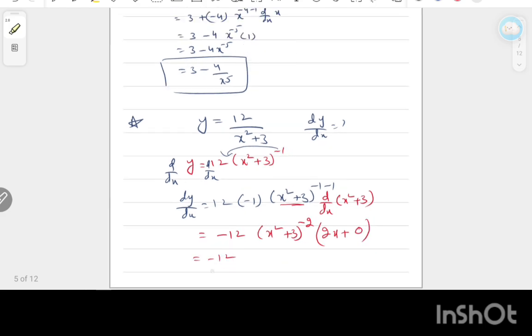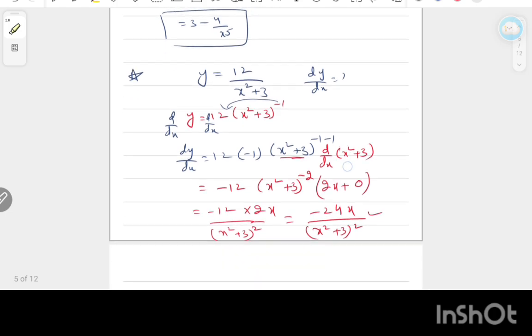Minus 12, this power comes down as (x squared plus 3) squared in the denominator, multiplied by 2x, and we get the answer: minus 24x divided by (x squared plus 3) squared. This is our final answer.